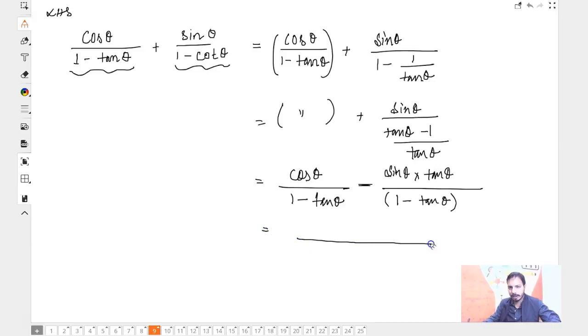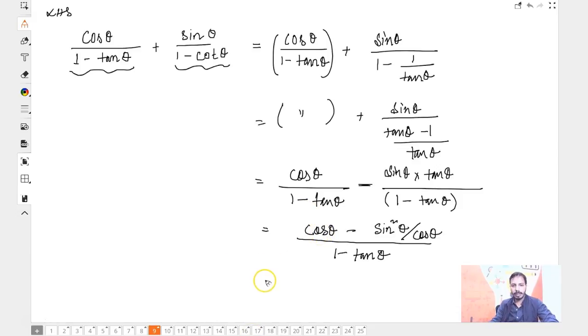Now we can take this 1 minus tan theta as common, and let us see what happens. I get cos theta minus sin theta into tan theta, so this will give me sine square theta by cos theta.